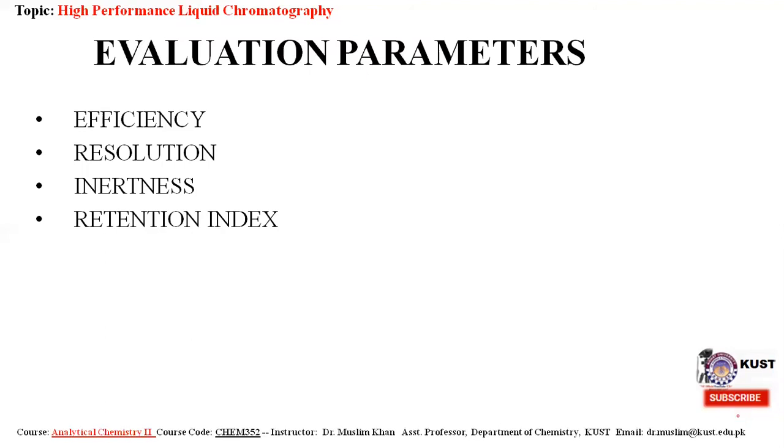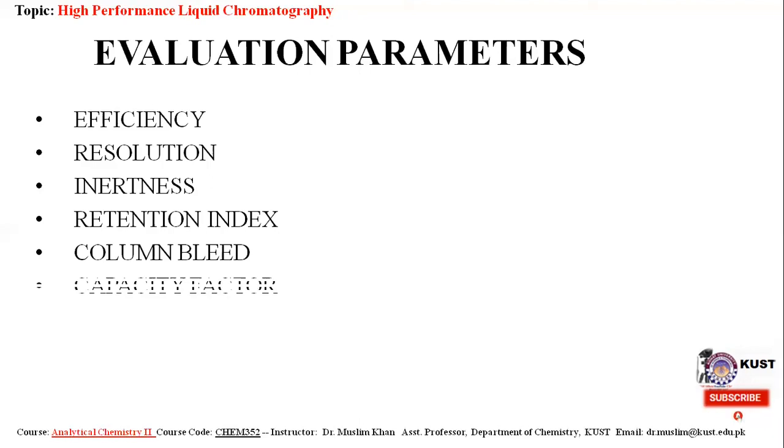Then inertness, how your stationary phase and mobile phase are inert towards the sample components and should not react with them. And retention index, how much it retains the different components, and also column bleed. You should know what column bleeding is, and capacity factor, as I mentioned now.